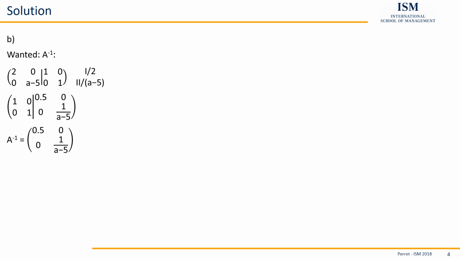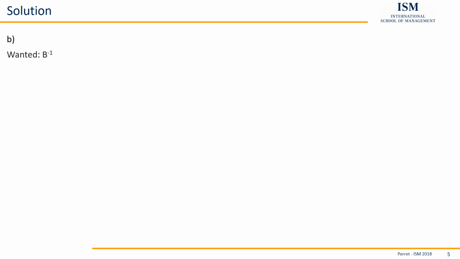The second step, we have to do the same thing for B. So here we want the inverse of B. So we copy B, vertical line, unit matrix. Then the only thing we need to get rid of is the b in the upper right. So what we're going to do here, we're subtracting from the first row b times the second row.